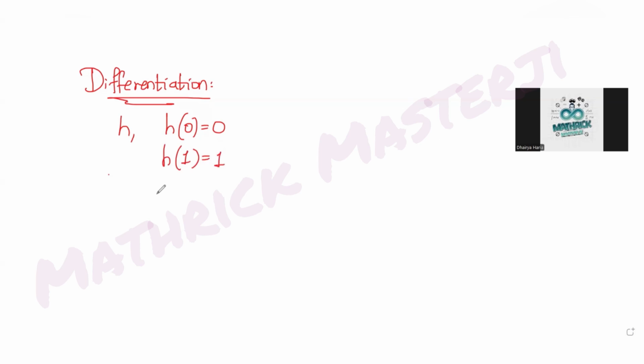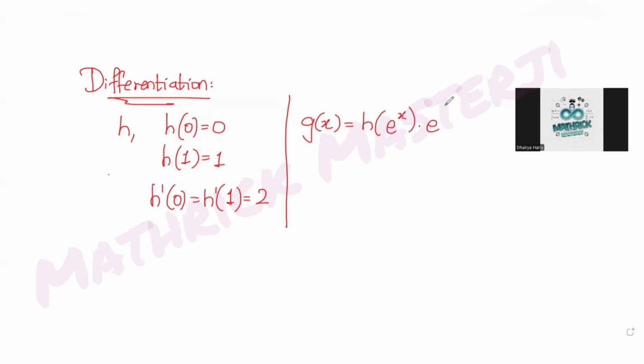Further, h dash of 0 is equal to h dash of 1, which is equal to 2. And g of x is equal to h of e raised to x into e raised to h of x. The question asks me to figure out the value of g dash of 0.